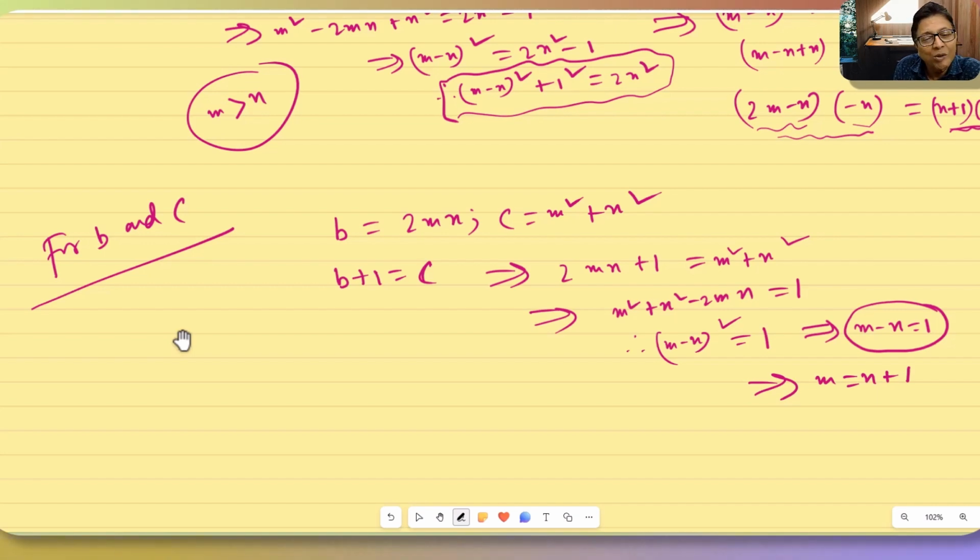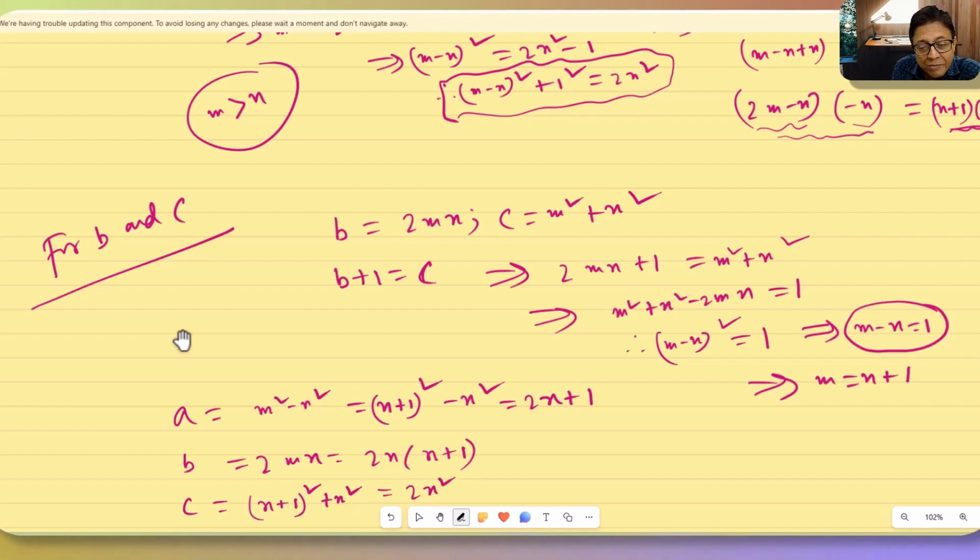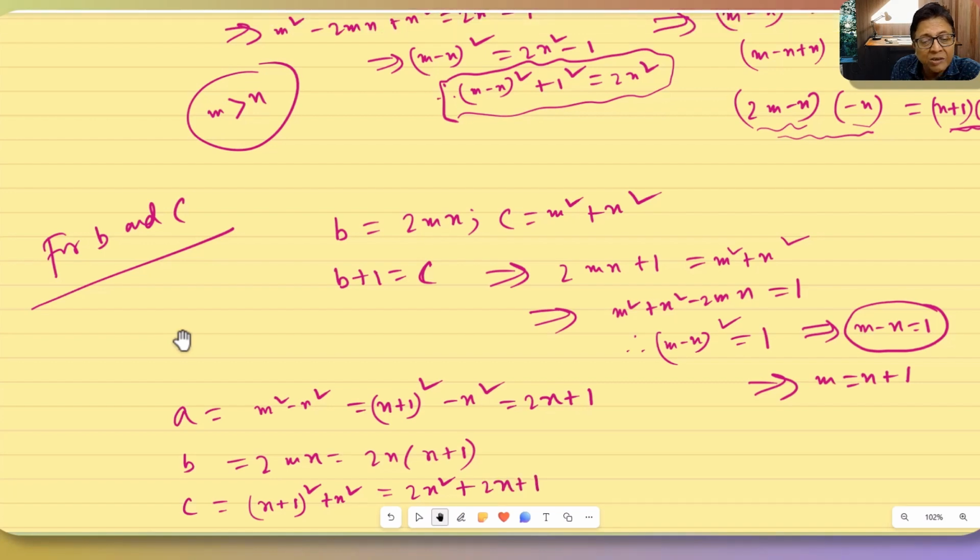So if m equals n plus 1, a is going to be what? m square minus n square, that is (n plus 1) whole square minus n square. This will be 2n plus 1. b is going to be what? 2mn, 2n(n plus 1). And c equals what? m square plus n square, that is (n plus 1) whole square plus n square, that is 2n square plus 2n plus 1.